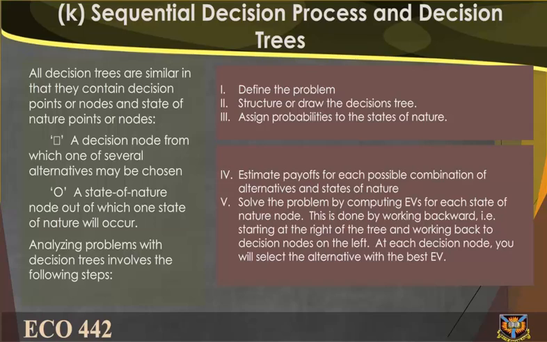Solve the problem by computing EVs for each state of nature node. This is done by working backward, that is, starting at the right of the tree and working back to the decision node on the left. At each decision node, you will select the alternative with the best EV.